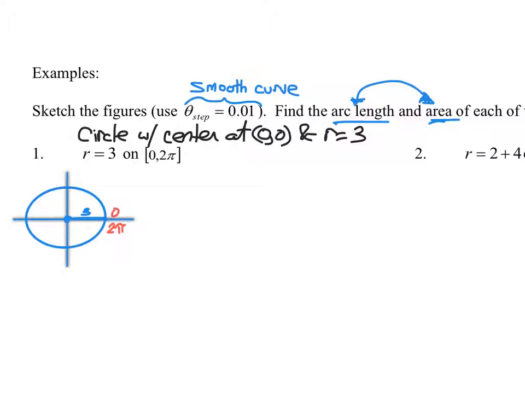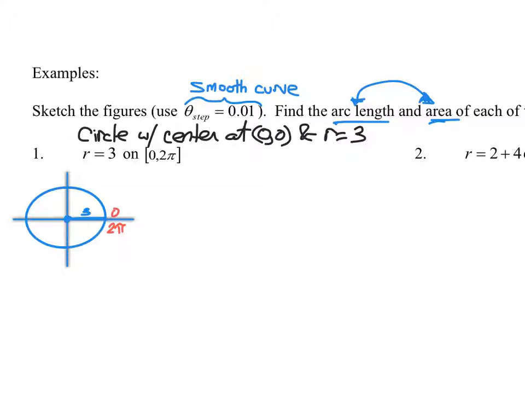For area, that wouldn't matter. Once you figure out where the circle begins and ends, that is the area that will be captured. You can go around it 20 times, it's still going to be the same area.